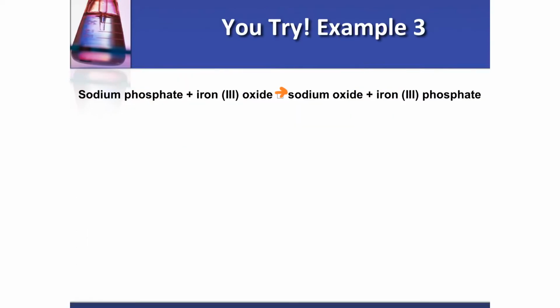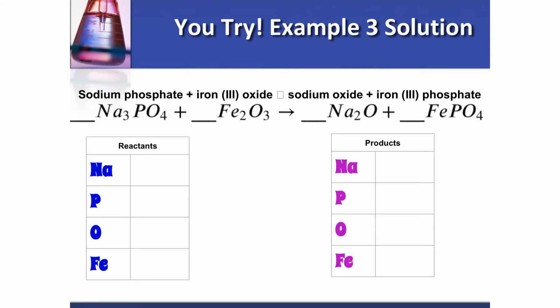Here's an example that I want you to try. Sodium phosphate plus iron 3 oxide reacts to form sodium oxide and iron 3 phosphate. So as we go over this, your formulas are Na3PO4 plus Fe2O3 yields Na2O plus FePO4.